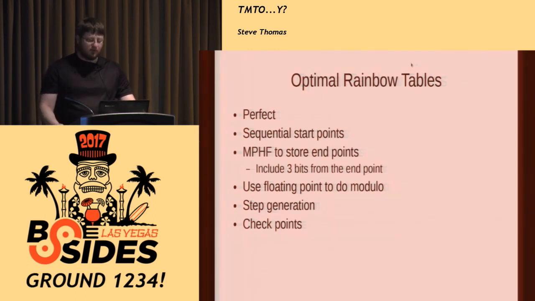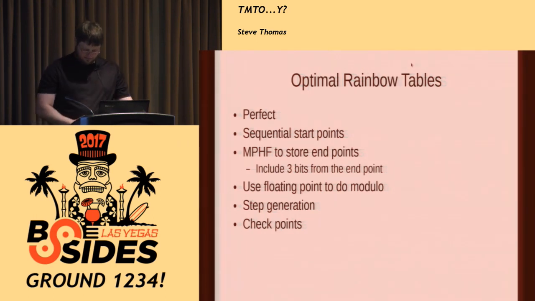then minimal perfect hash functions. It's a way to basically cost a couple bits, and that gives you an exact endpoint. So, well, it gives you the exact row that you need. So you have your start point, and then you add a couple bits for the collisions to check for it.